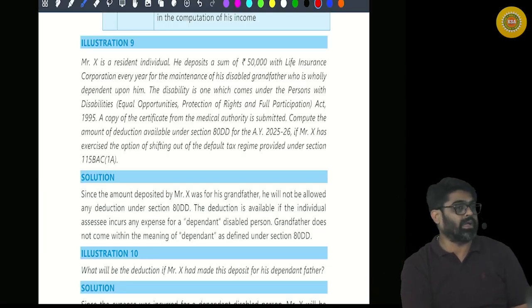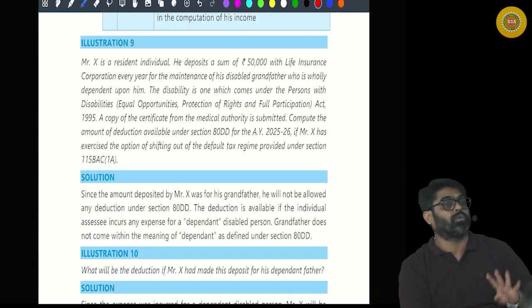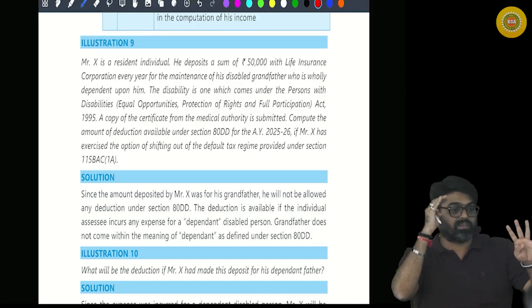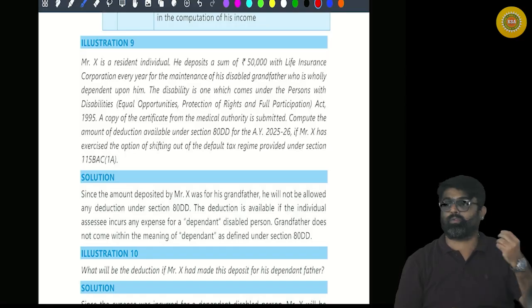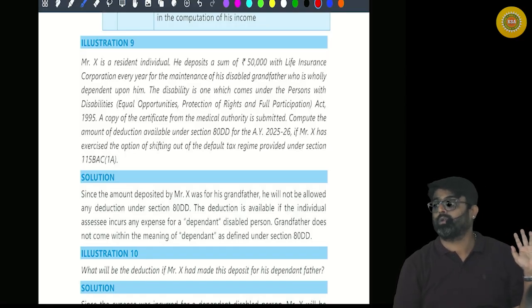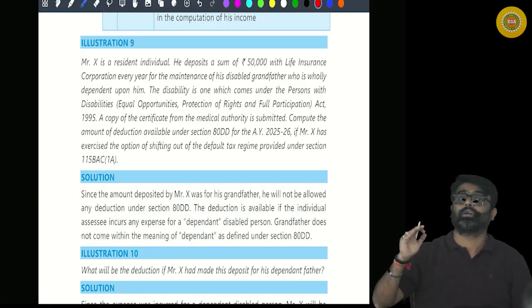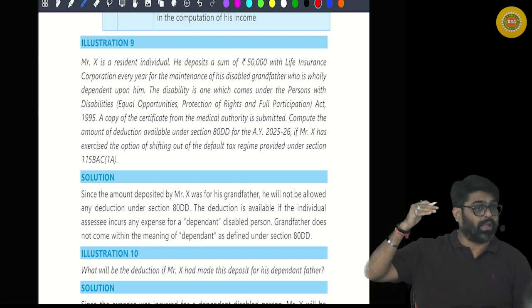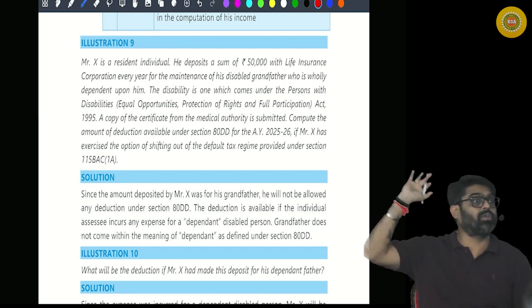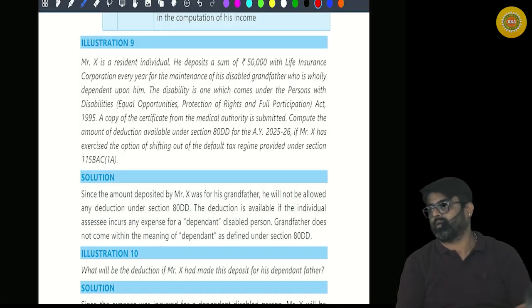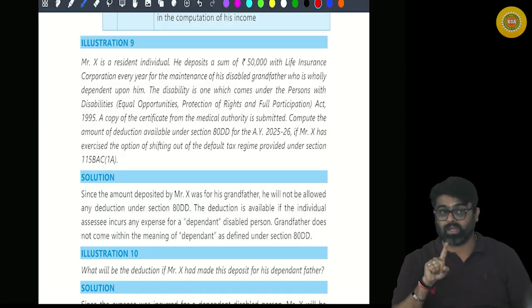So if your HDR is disabled 40% or more, but less than 80%, he is ordinary disabled. You will get flat 75,000 deduction. Yes or no? And if your disabled HDR is disabled for 80% or more, then he is severely disabled, you are going to get 1,25,000. No need to give the deduction for the amount spent.